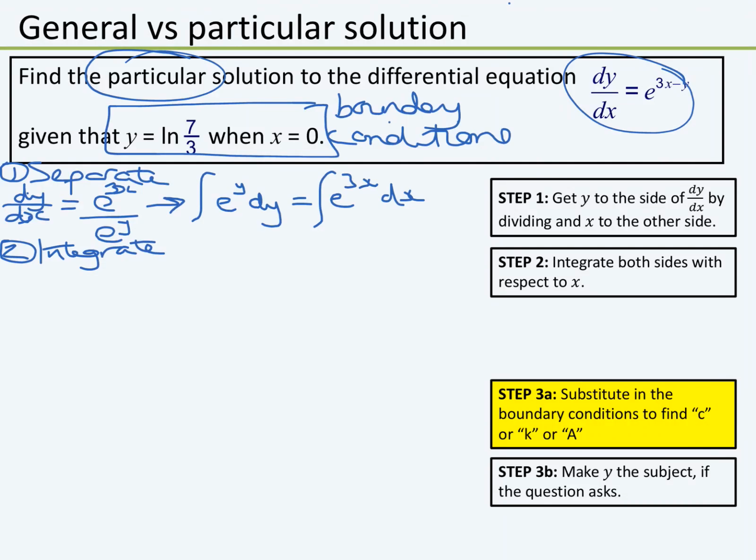Nice and straightforward. If I were to integrate e to the y, we know that e just integrates to itself, so that's going to give me e to the y, and then e to the 3x becomes a third e to the 3x, and then we need to add our constant on.